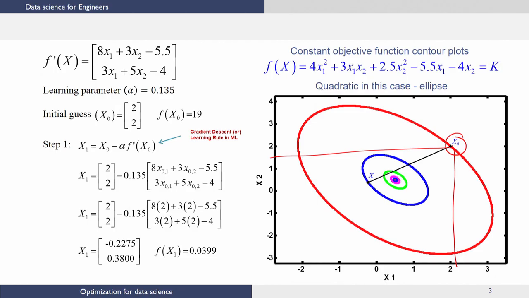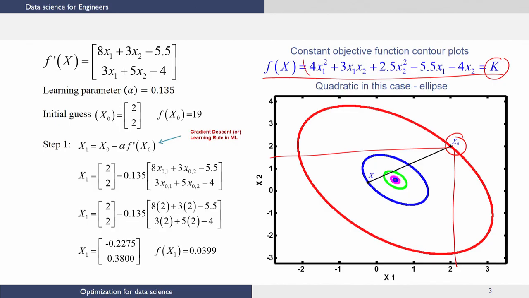Now, we know that the constant objective function values are contour plots, and if we look at this equation here, what we are saying is that if we were to find a constant value for the function f of x, which we saw from the previous slide, then I have to set this equal to k.